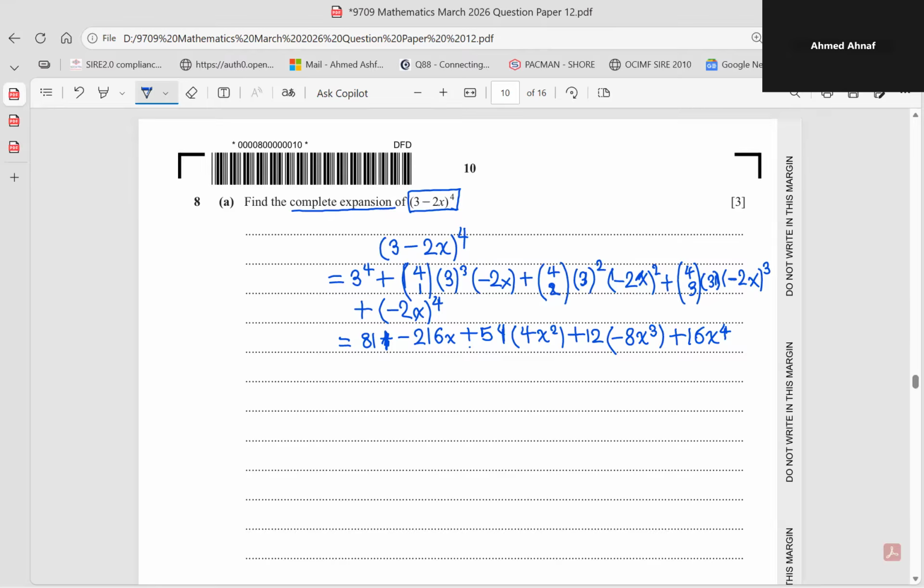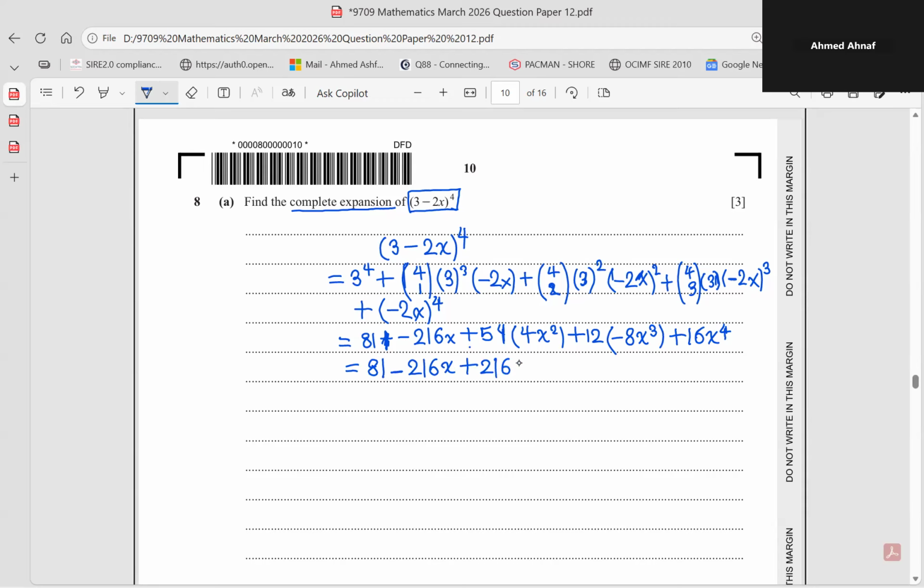So completely simplifying, you get 81 minus 216x plus 54 times 4, so plus 216x squared, minus 96x cubed, plus 16x to the power of 4.